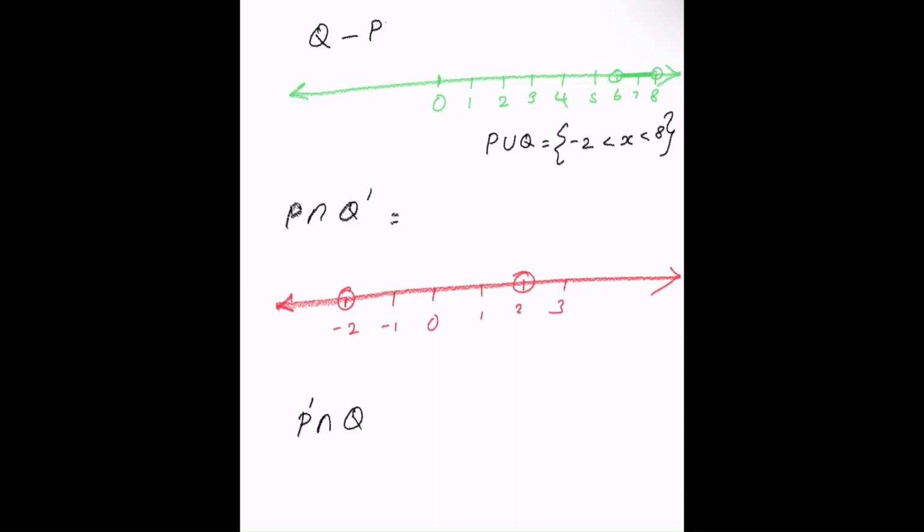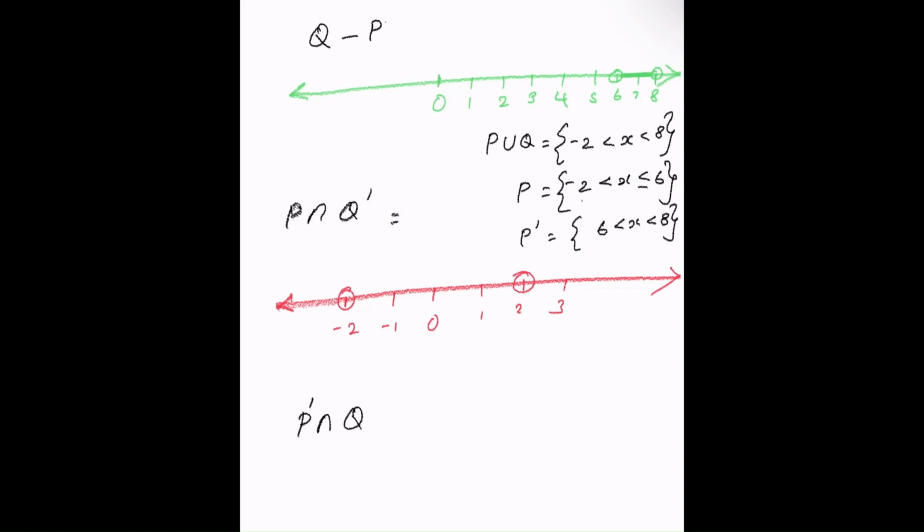What is P? -2 less than x less than or equal to 6 is my P. So from this itself, I know that up to that, it is part of P. So obviously, what will be my P dash? My P dash is going to be 6 less than x less than 8.